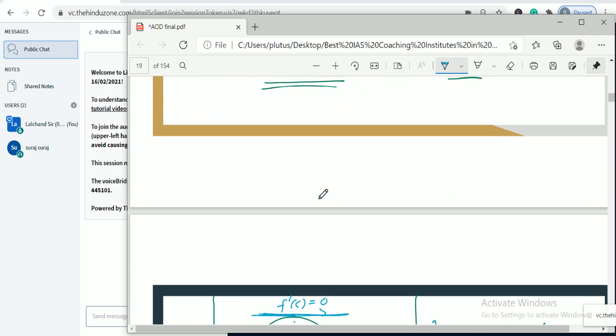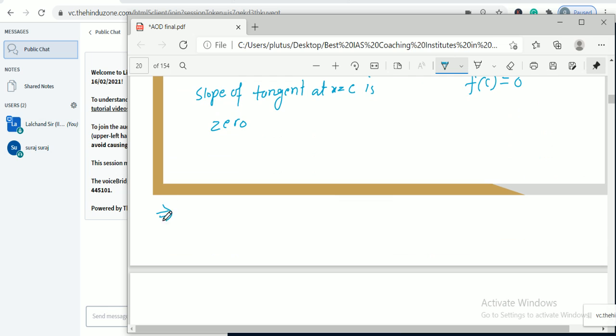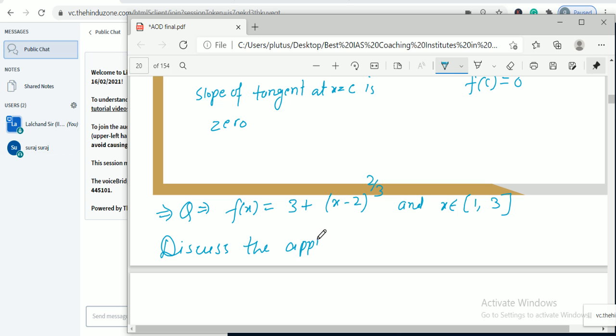Okay, let us solve some questions based on Rolle's theorem. We have a question: if f(x) equal to 3 plus (x minus 2) power 2 by 3, and x belongs to [1, 3], discuss the applicability of Rolle's theorem.